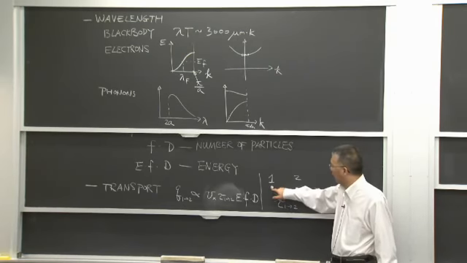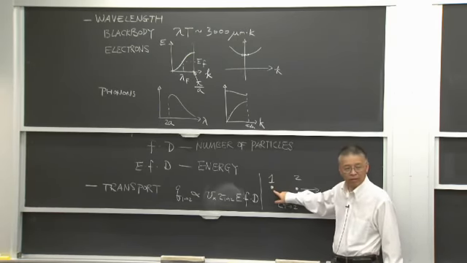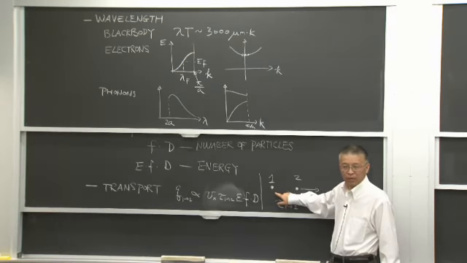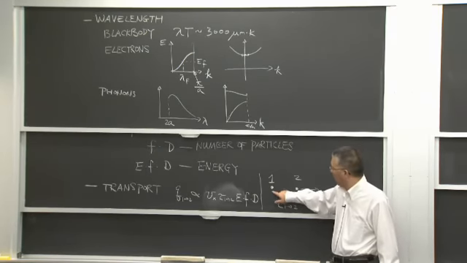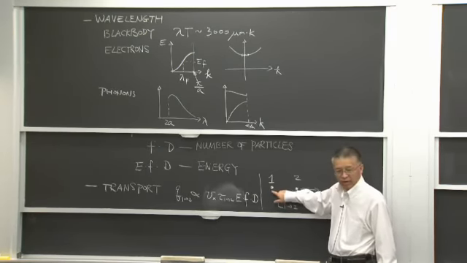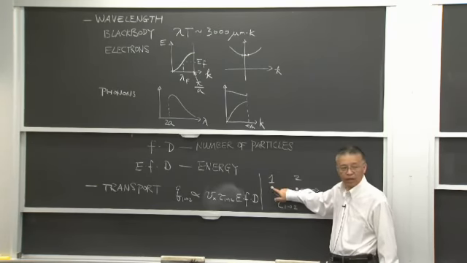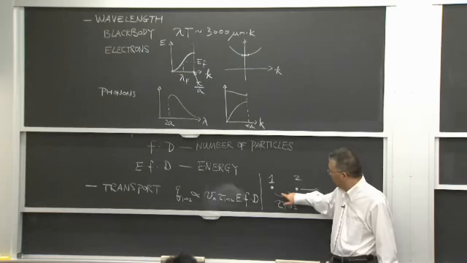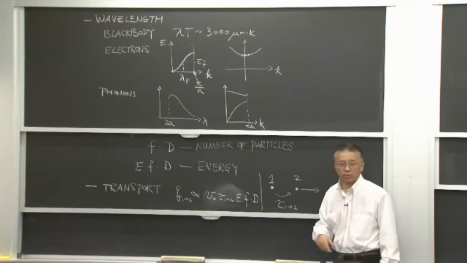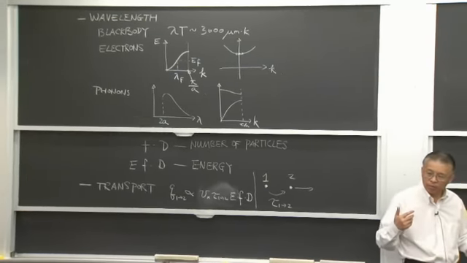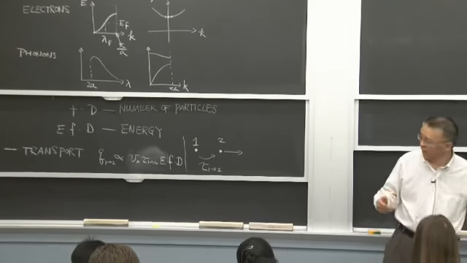So if I have a particle or wave, now I don't know what to call them, it's particle-wave duality. If I have a carrier, electron or photon, launched from point 1, the transmittance is how many of them will reach point 2. That gives me the fraction, right?